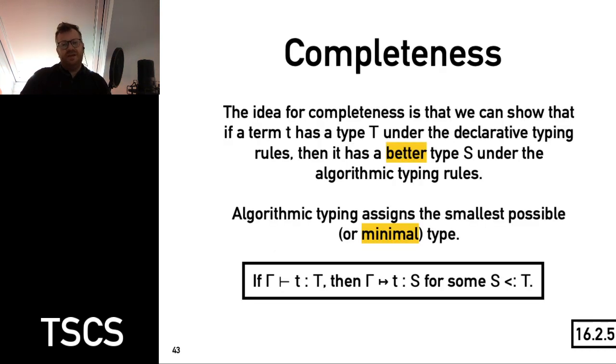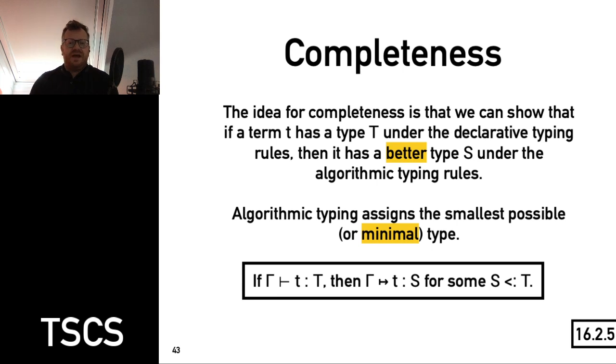The idea for completeness is now that we can show that if a term t has a type T under the declarative type rules, then it has a better type S under the algorithmic typing rules. This is the small inequality that I talked about. So in algorithmic typing rules, we can actually find a smaller type, like a better type that matches this term. But as subtyping is in place, we're still compatible.